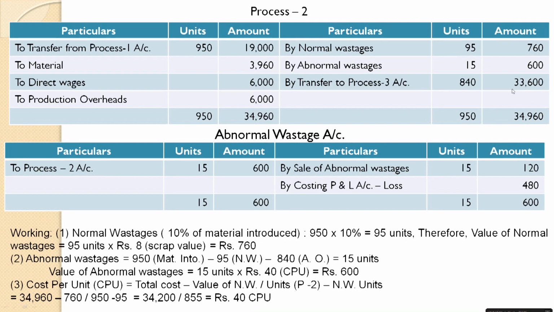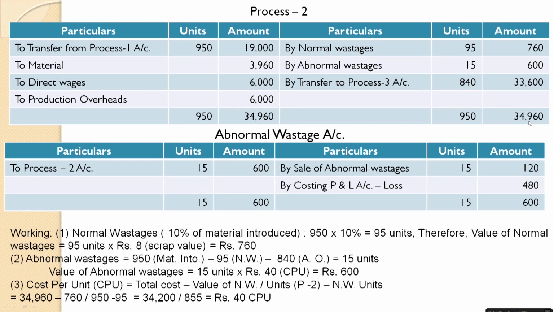Just maybe a cross tally, I just want to tell you here, very clear-cut idea. The amount of the credit side is always equal to the debit value. Here, at the end, the value which we determined for the transfer, and we make a total of the credit side, which comes to 34,960, is always similar to whatever value has been identified on the debit side. If it is not the same, that means there is something wrong, and there may be some errors to find out.